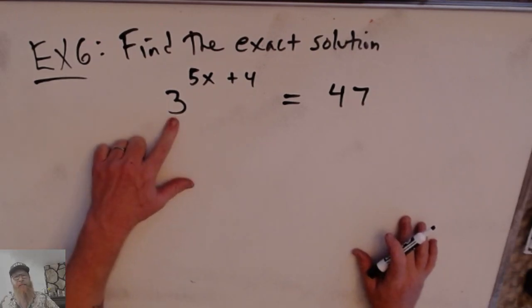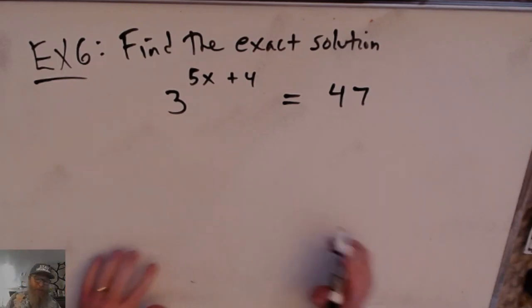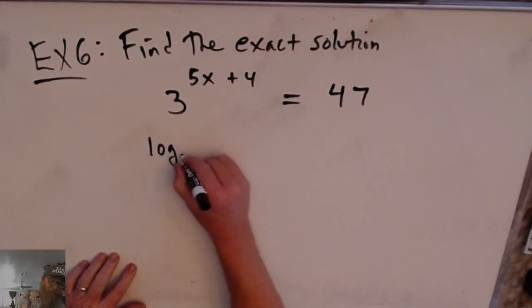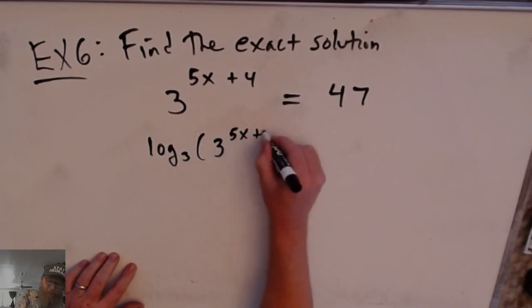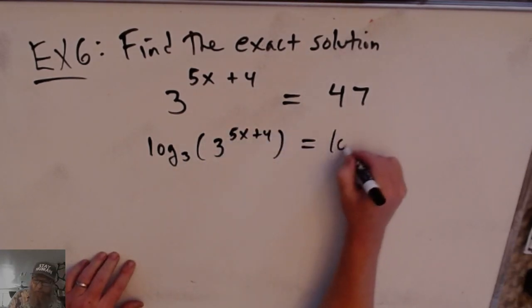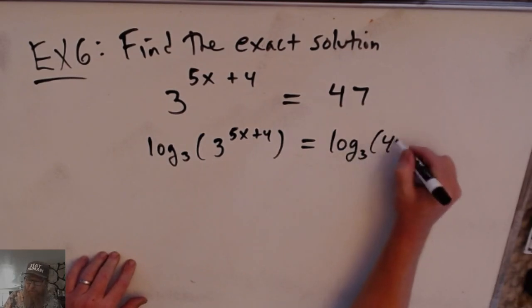Okay, so our base is 3. So we have log base 3 of 3 to the 5x plus 4 is equal to log base 3 of 47.